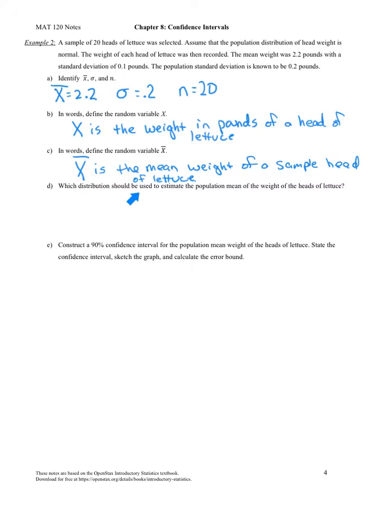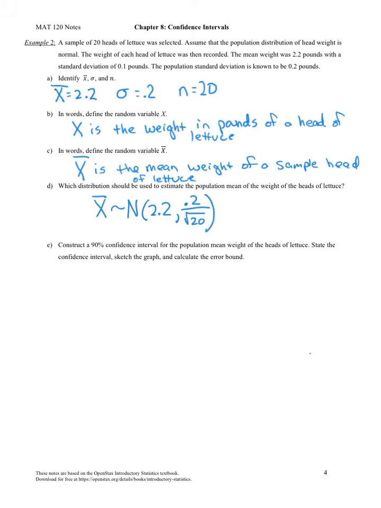Which distribution should be used to estimate the population mean of the weight of the heads of lettuce? And in this case, we'd use our sampling distribution with a mean of 2.2 and our standard deviation.